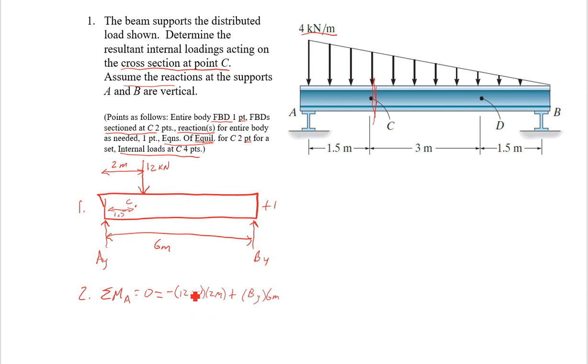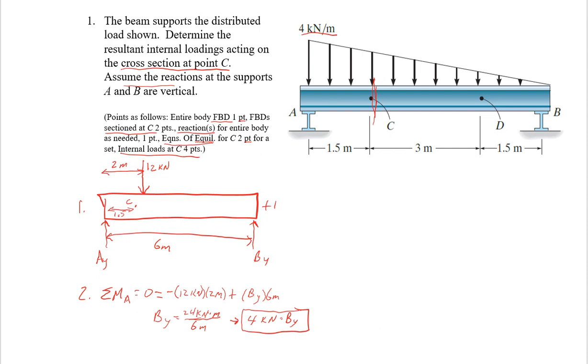So it becomes 24 on the left side divided by 6. BY equals 24 kilonewton meters over 6 meters, which gives 4 kilonewtons. There's one reaction.